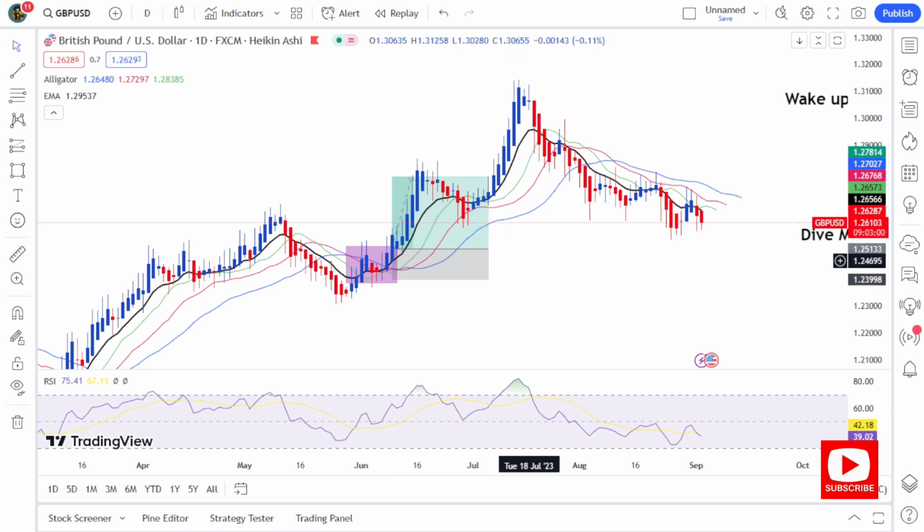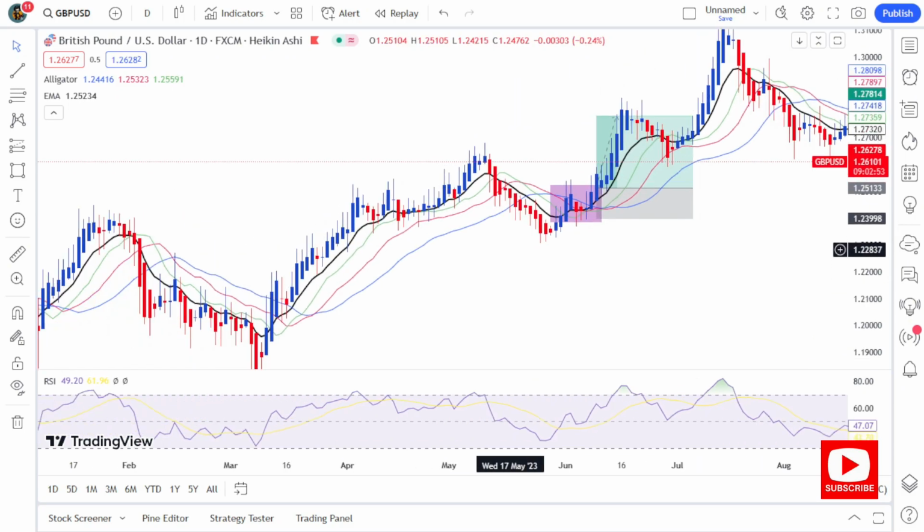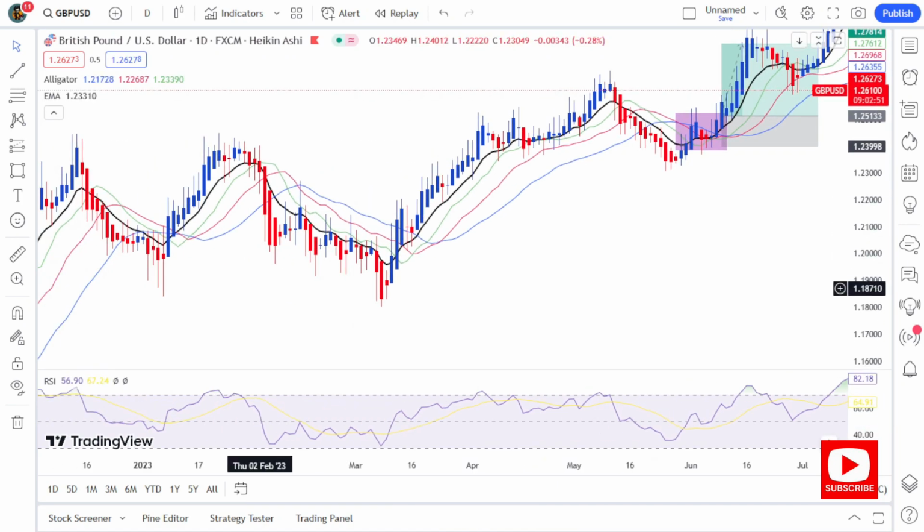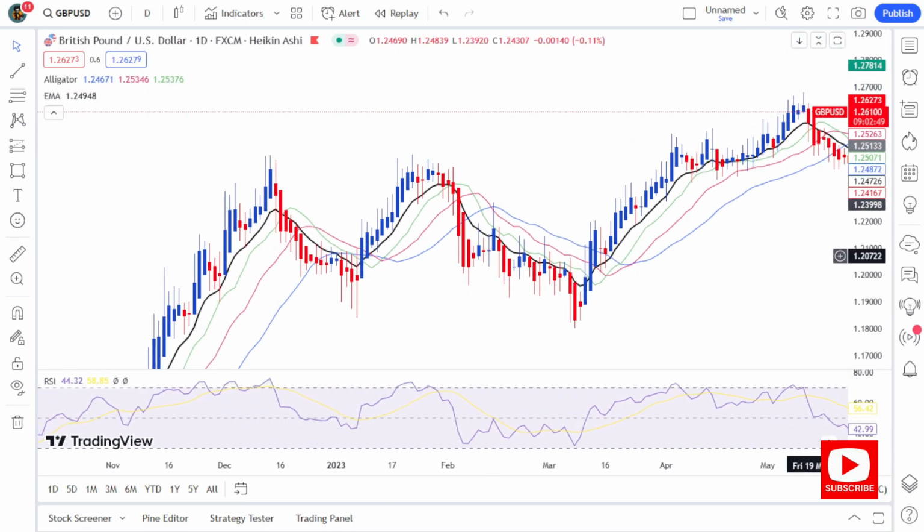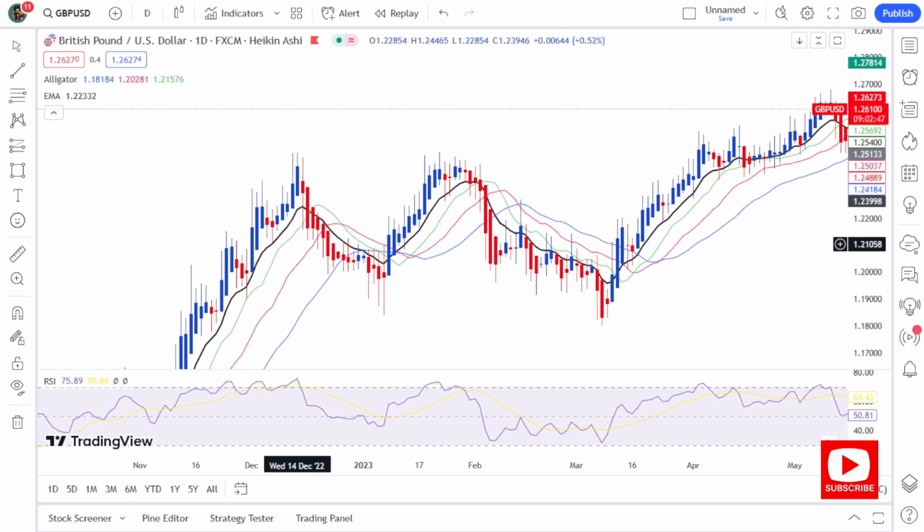Now, this is a scenario for the wake up point. Now, let's look for another scenario of the wake up point. Here we saw that all the indicators were squeezed together.